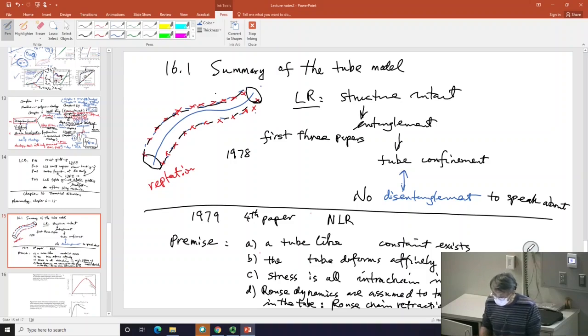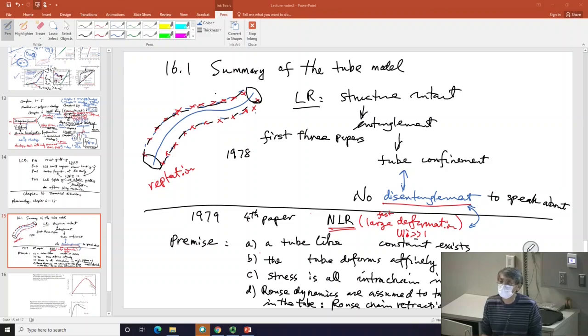As I indicated once more, that even under condition of nonlinear response, which typically means large deformation, and if you are careful, you will be complete by saying large, fast deformation. And by fast, of course, we mean Wi much larger than 1, for example. That even under this large deformation, nonlinear response case, it is not clear we speak about disentanglement.